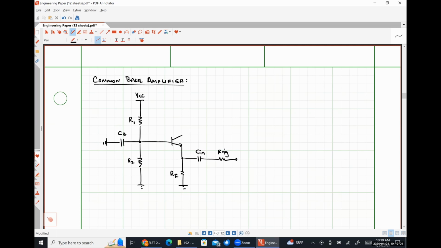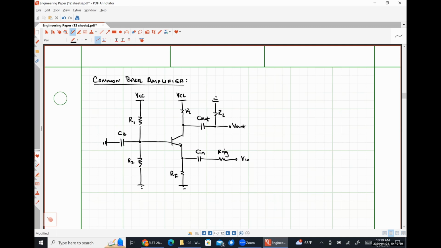Here's R sig. Here's our input voltage. Up here we have VCC again. Here's RC. Here's C out. And I'm going to draw this a little odd. I'm putting a ground up top here to place my resistor RL, just so that it's out of the way. And then here's our output.